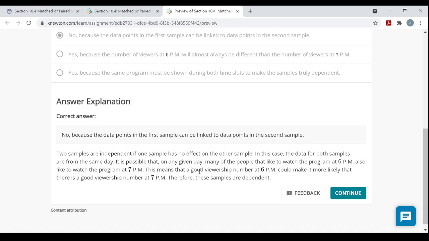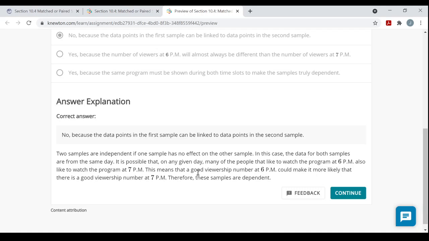So a good viewership number at 6 could make it more likely that there is a good viewership number at 7. So the viewership at 7 may depend on the viewership at 6. There's hopefully some sort of straightforward link, and that might not be the only link, but they're definitely not independent.